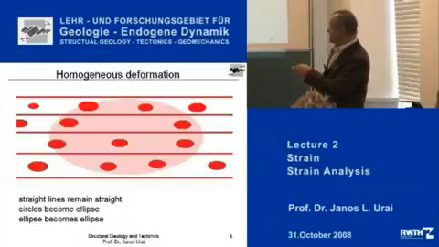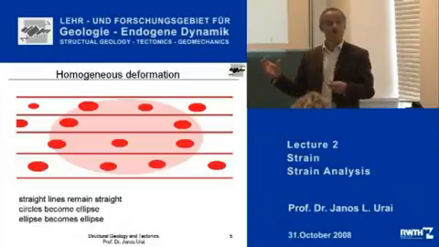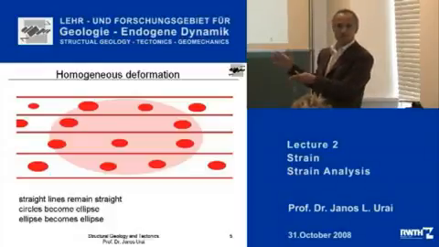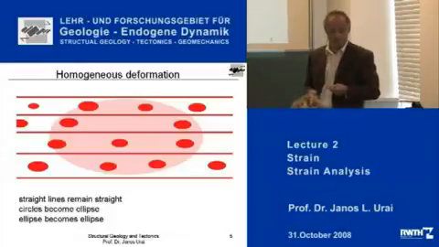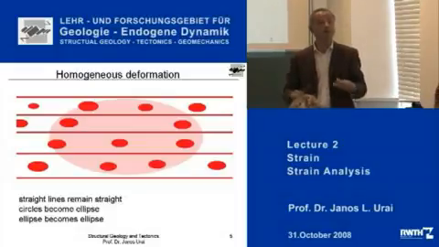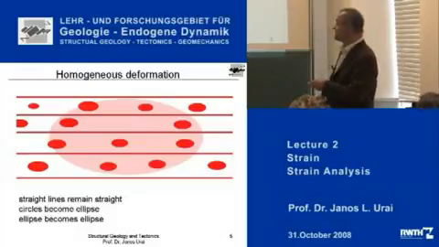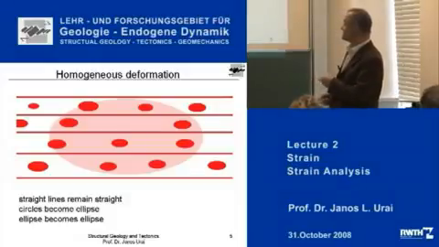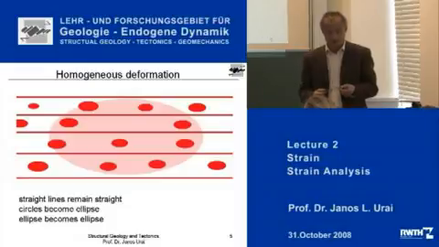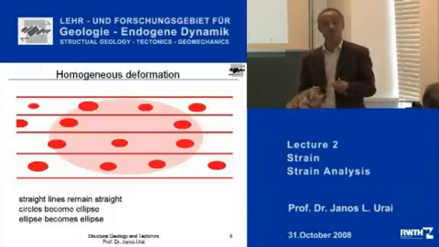If these two ellipses would now look differently, then you would have to say the deformation is only homogeneous on the right side of the picture. Okay, so homogeneous deformation in a very basic level means that straight lines remain straight, circles become ellipses, and as we will see later, ellipses become ellipses.